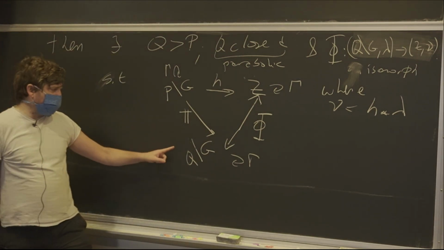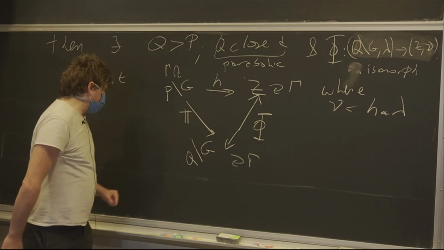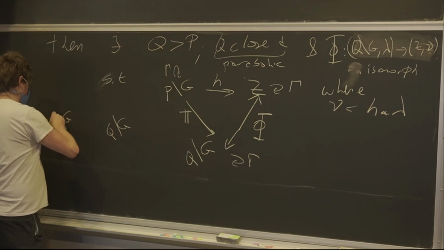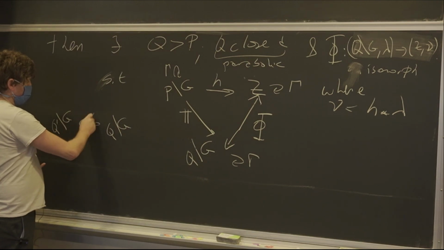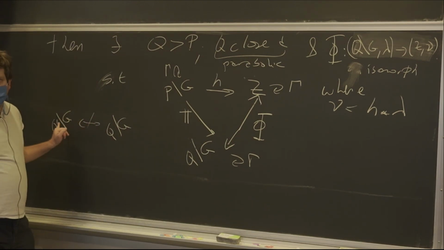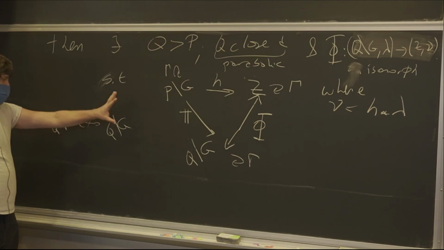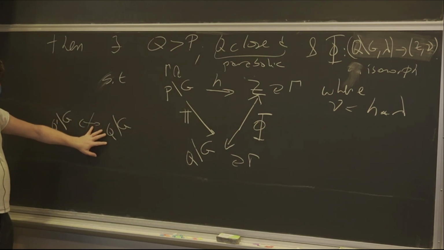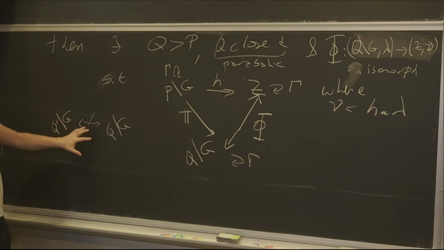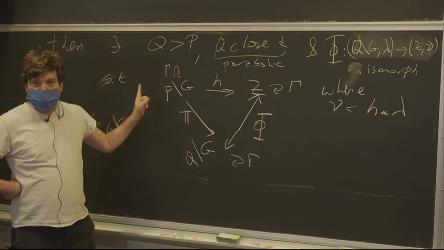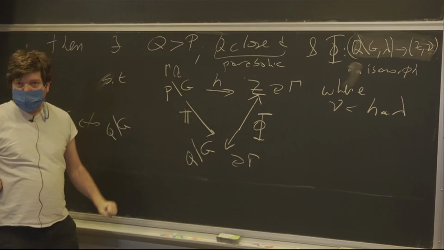It's just the fact that G mod Q and G mod Q prime are not isomorphic if Q is not conjugate to Q prime. In this setting it's much simpler, because this isomorphism has to respect pi.